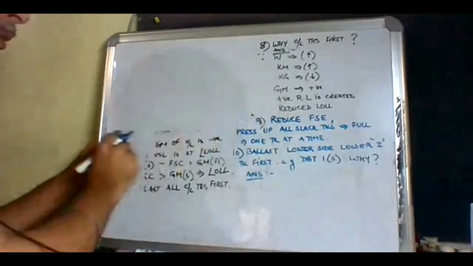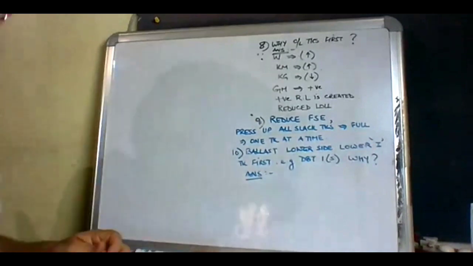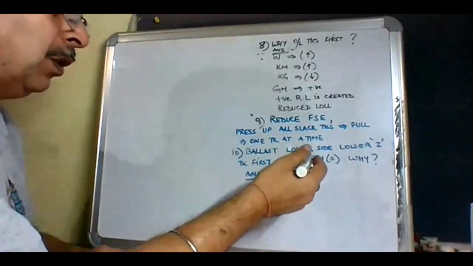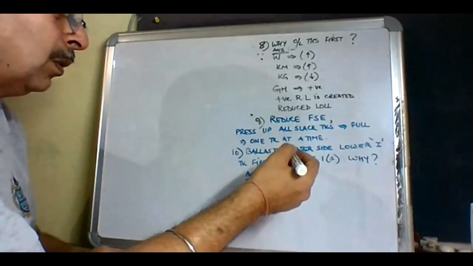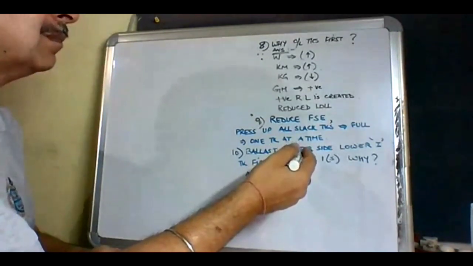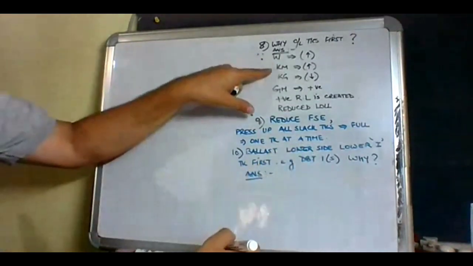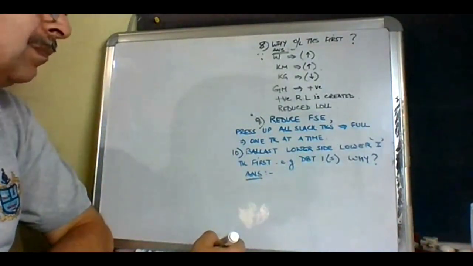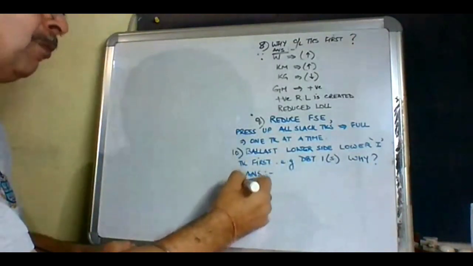Basically, what happens is, when we ballast number one starboard, that is the lower side and lower moment of inertia, there are two things happening. One, I'm ballasting, so all the points of point number 8 happen.